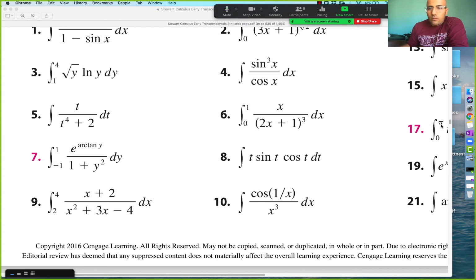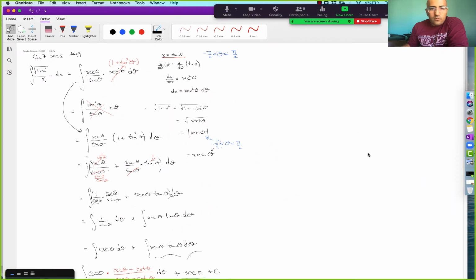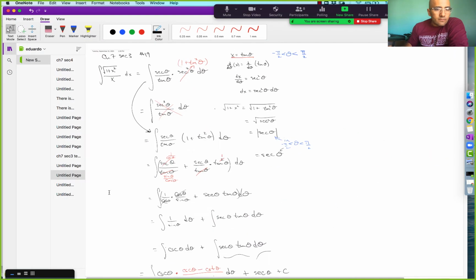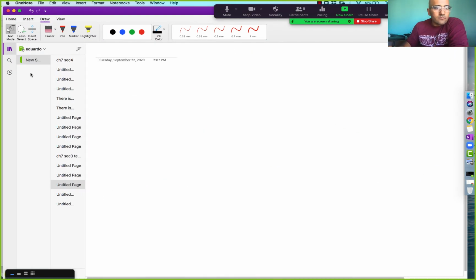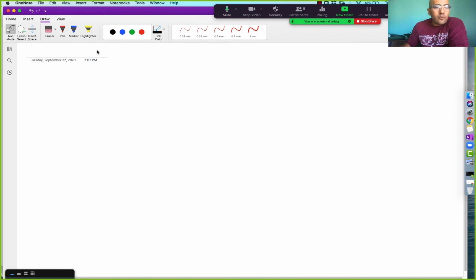Now, let me write that down. I don't know if you remember way back in the day when you had to figure out what this is. y equals tangent inverse of x. You were given tangent inverse of x, and you wanted to find the derivative, dy dx.